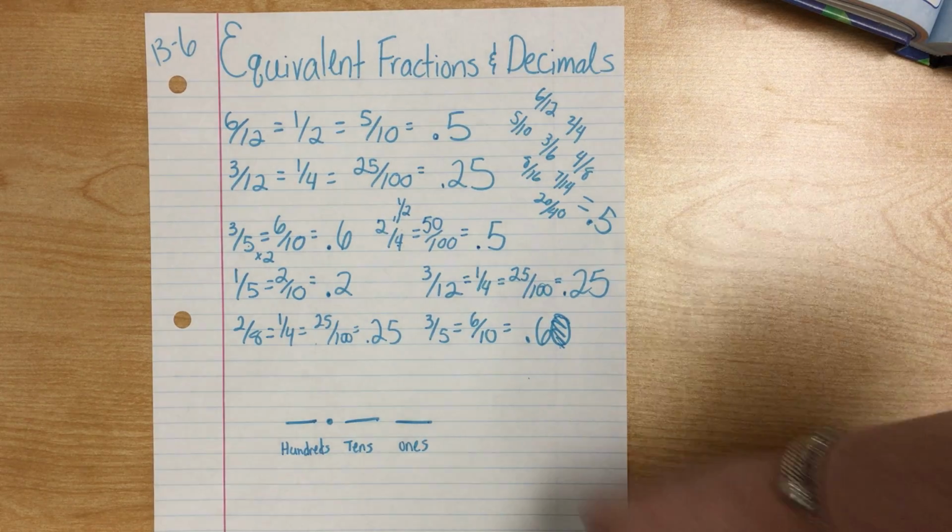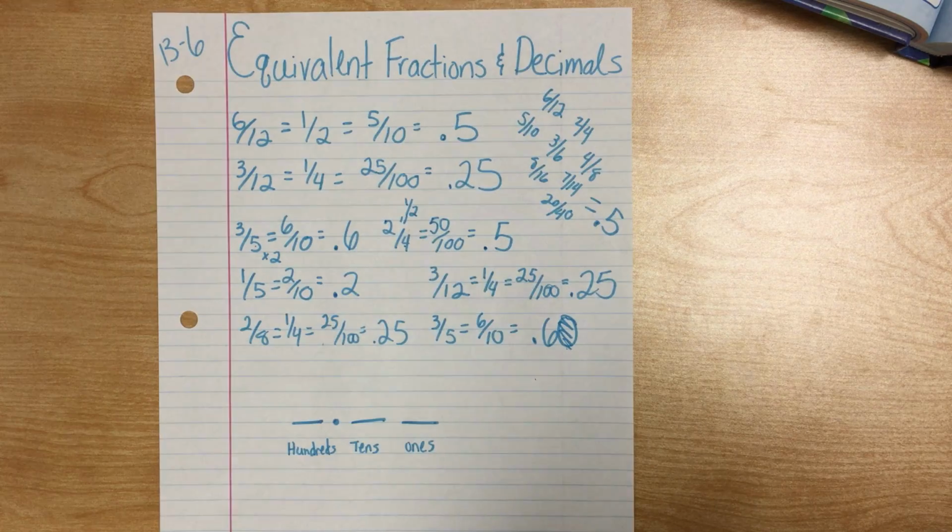You're never going to have to work with a denominator of 200 or 300 or 1200. It will only go up to 100, because think about pennies. How many pennies can you have before you stop calling them pennies? 100 pennies. You then have a dollar. So we're never going to have to worry about changing a denominator to anything other than 10 or 100. That's all we have to worry about.